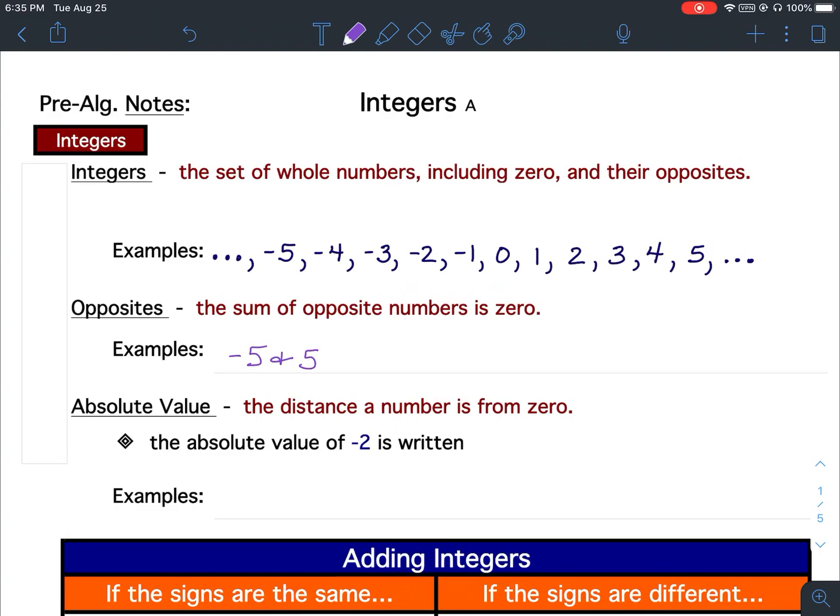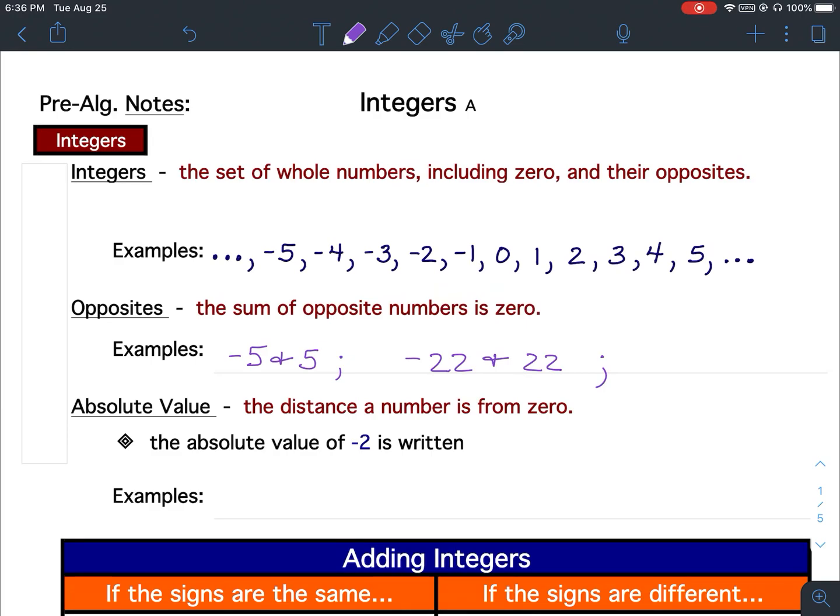And by the way, this symbol right here is an AND symbol. It's not a plus sign, it's an AND symbol. You make it like that. If you want to write a different AND symbol or write the word AND, I don't care, but that is an AND symbol, not a plus sign. So one example is -5 and 5. Another example of opposites, -22 and +22.